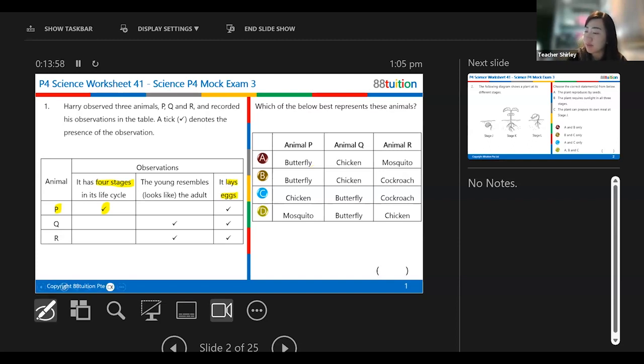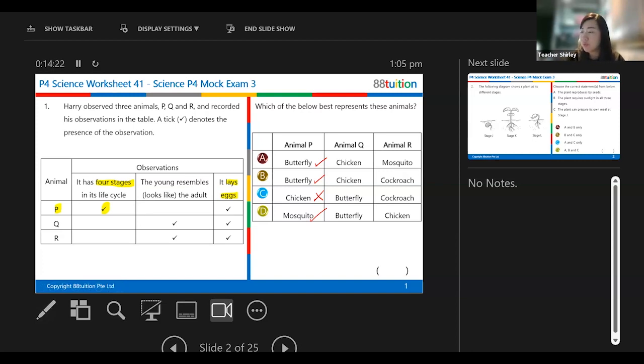And it also lays eggs. It must fulfill both of these criteria. So yes, 4 stages, lays eggs. Chicken, does it have 4 stages? No. Mosquito? Yes, and lays eggs. Oh, Bella rejoined. Okay, so we are done with P.